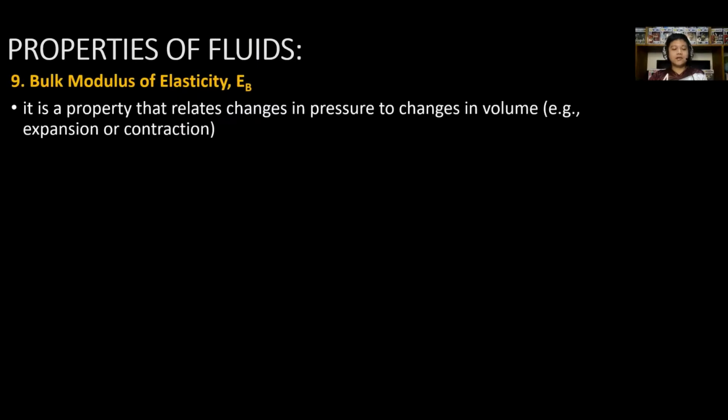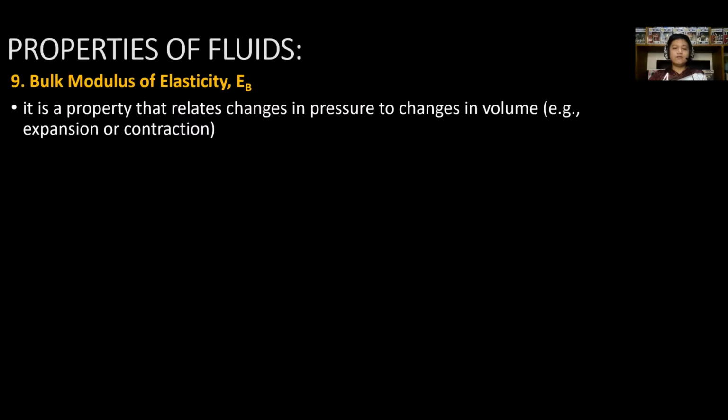On the other hand, for the ninth property, the bulk modulus of elasticity, or capital E sub B, defined as the property that relates changes in pressure to changes in volume. For example, expansion or contraction.